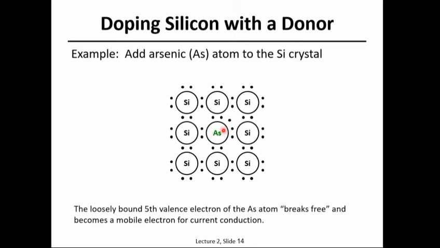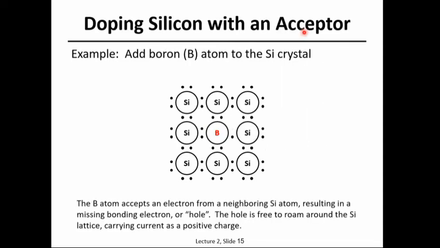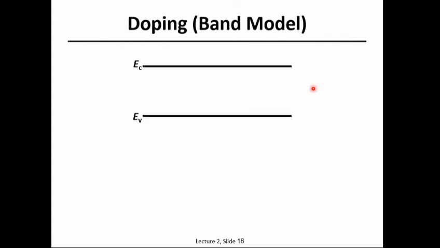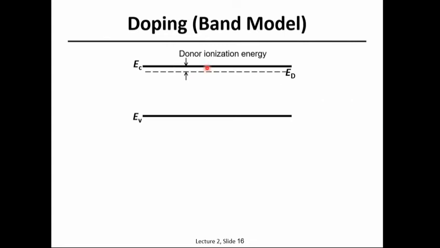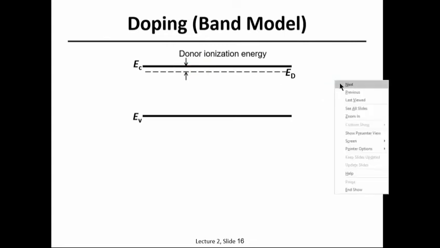So it has 5, and one of the electrons will be loose and used for current conduction, meaning it will be sitting just underneath the conduction band. This is the donor level where all the electron charges are sitting, so that's why we call them ionized donors.